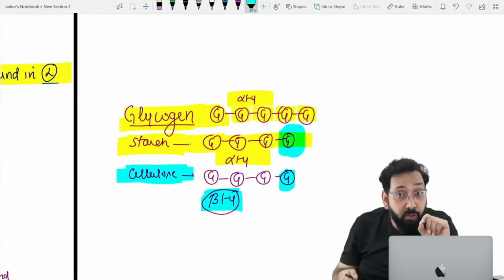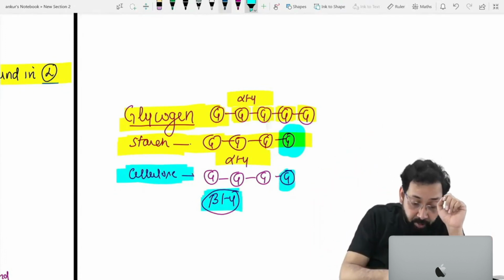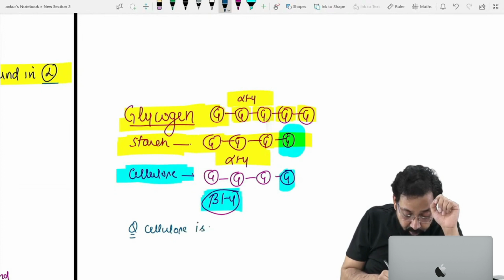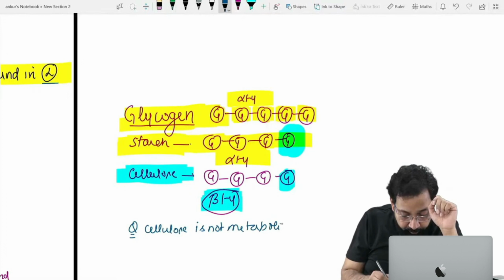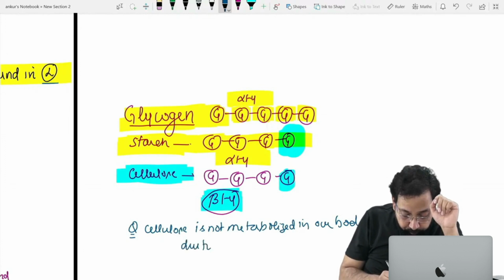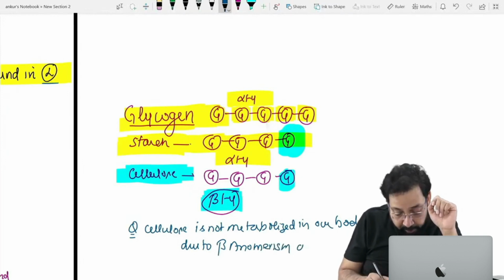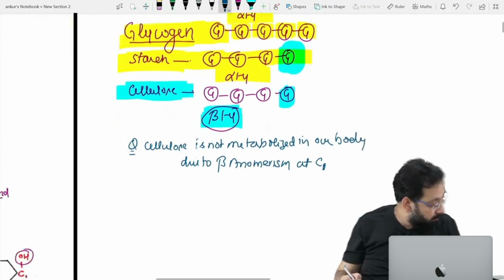So the question was asked in AIIMS that cellulose is not metabolized in our body due to beta anomerism at C1, carbon number 1.